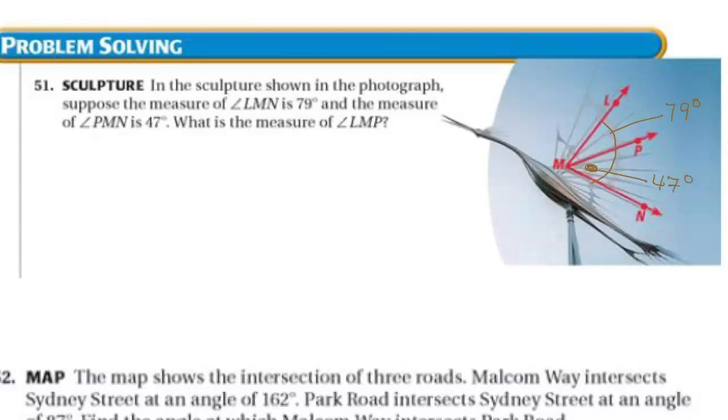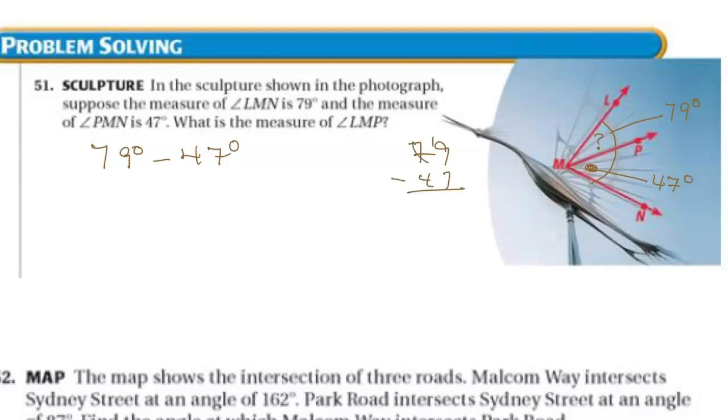What is the measure of angle LMP? So LMP is this question mark. If you know the big angle is 79 degrees, take away 47 degrees, and over here you can do that math.